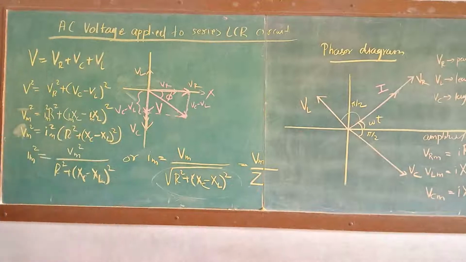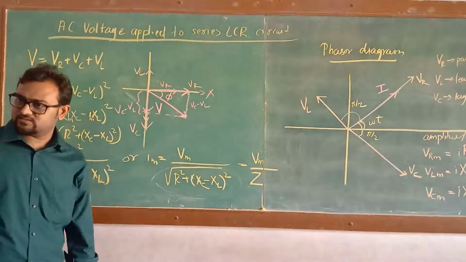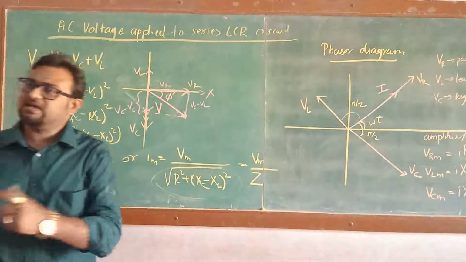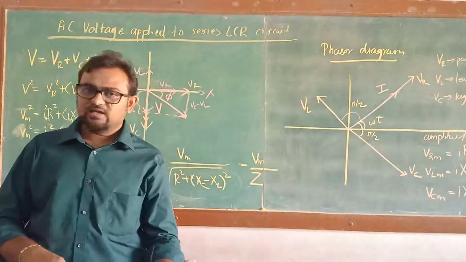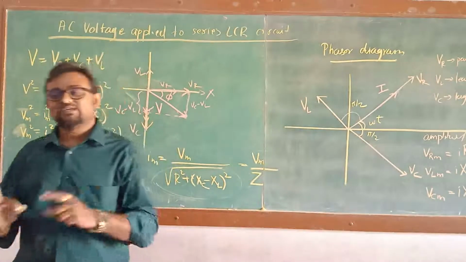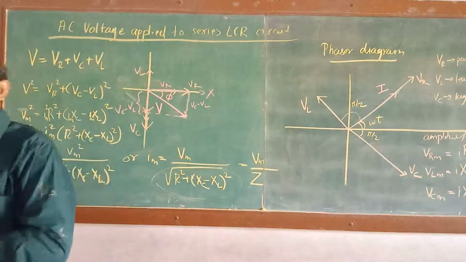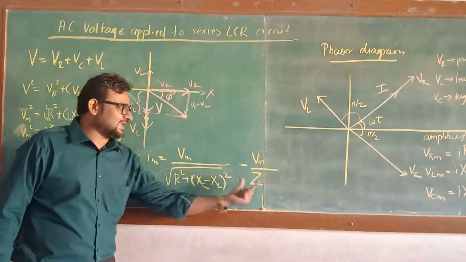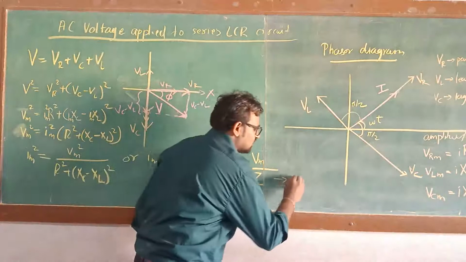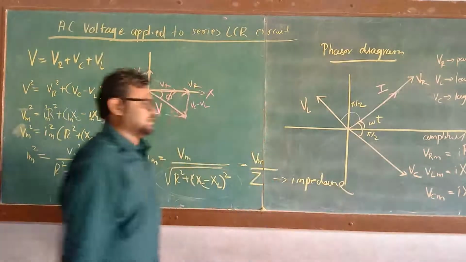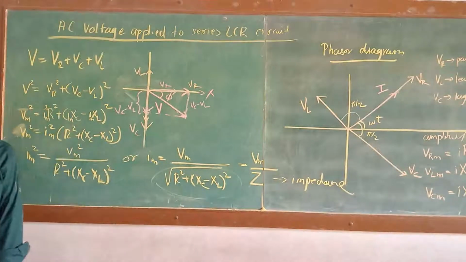Z is the impedance. See, for resistor we are taking resistance, for inductor we are taking inductive reactance, for capacitor we are taking capacitive reactance. So overall, for all three components we will take impedance. Z is called impedance.